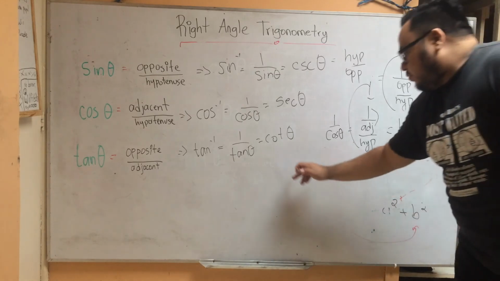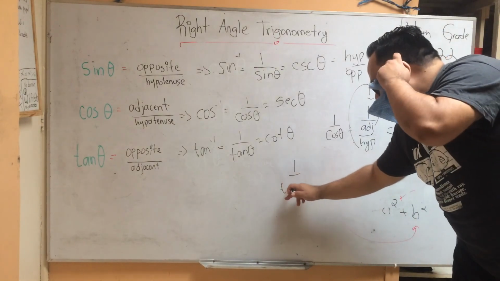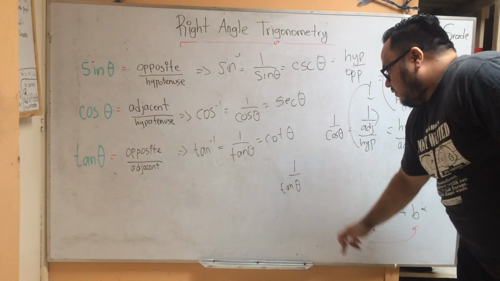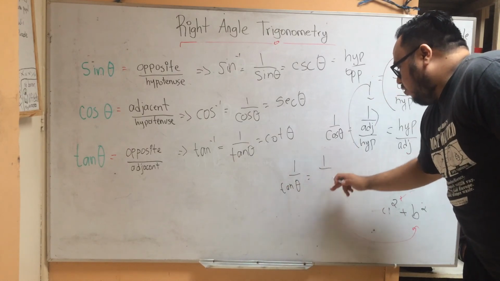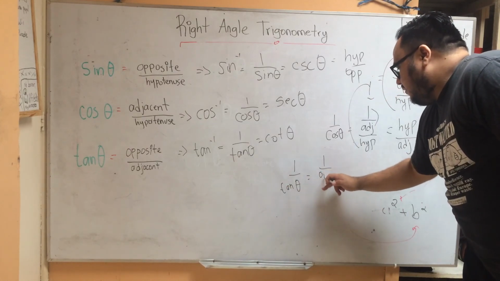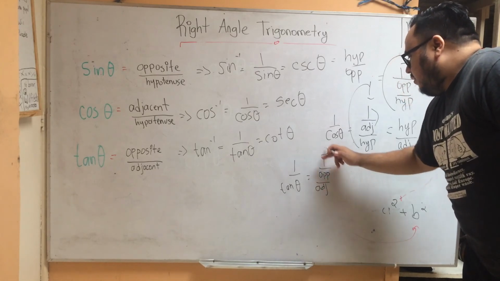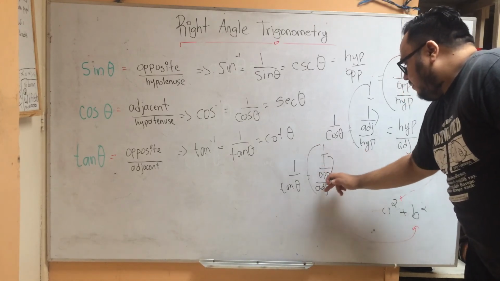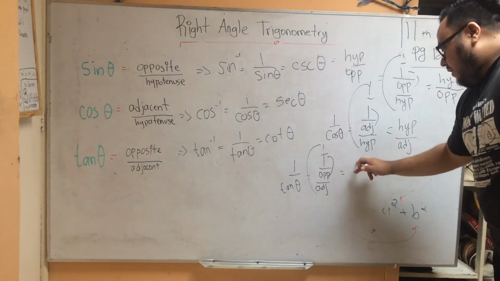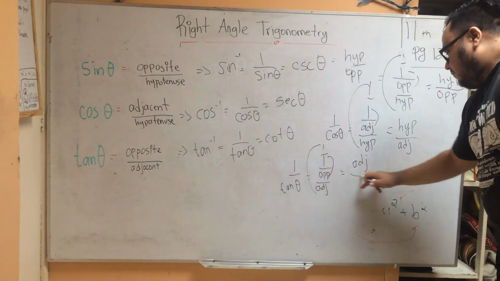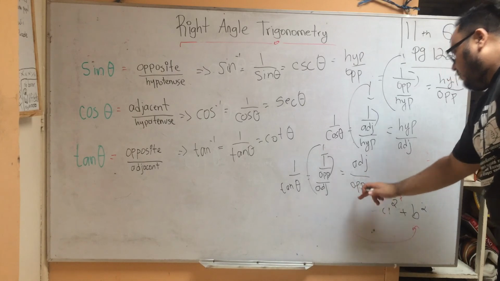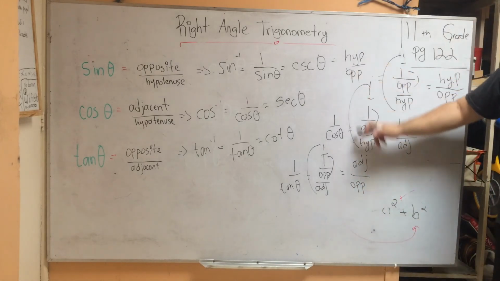The same thing happens with cotangent. Look, 1 over tangent. Okay, what is tangent? 1 over, okay, opposite over adjacent. Okay, when we flip the fractions, we have it that it's adjacent over opposite. So that's where these come from.